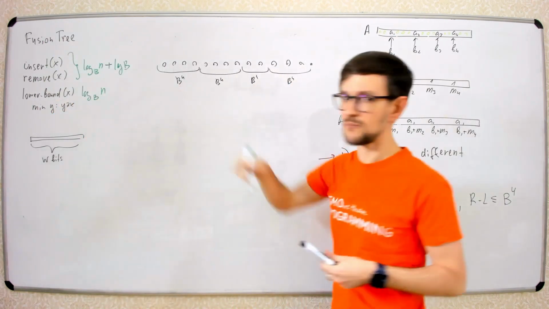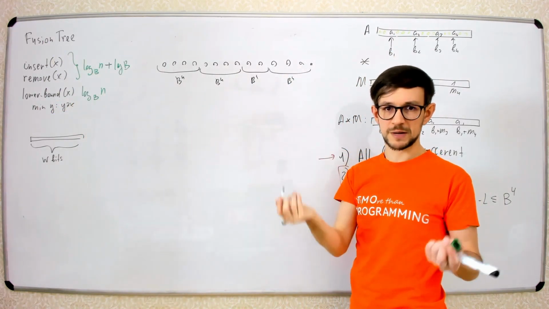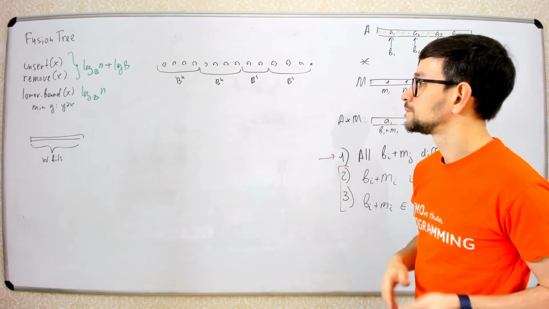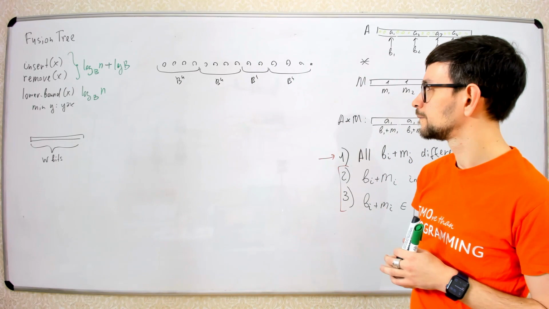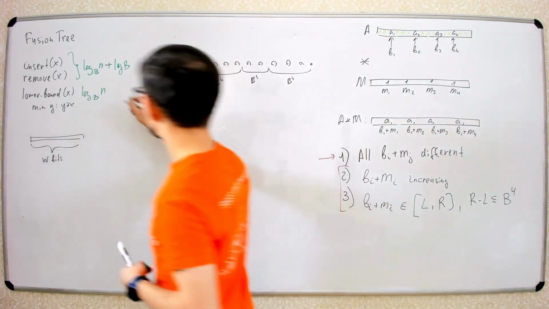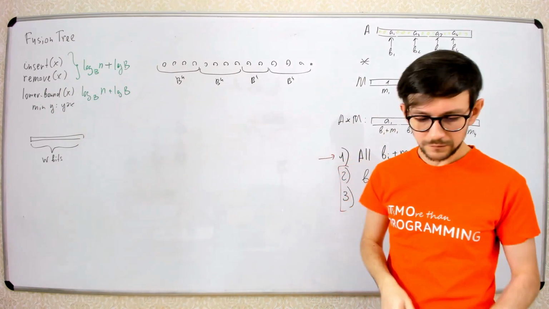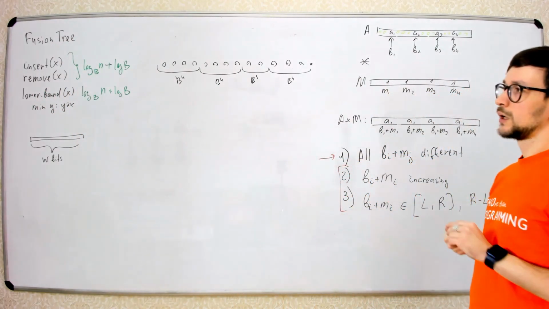It's log of b to the power of 4, but that is the same as 4 log b, so it's still log b up to a constant.